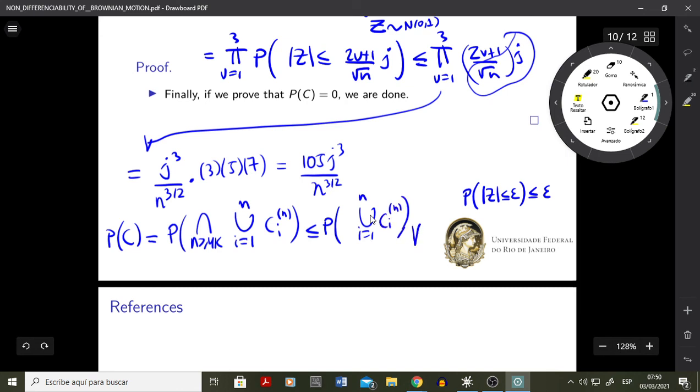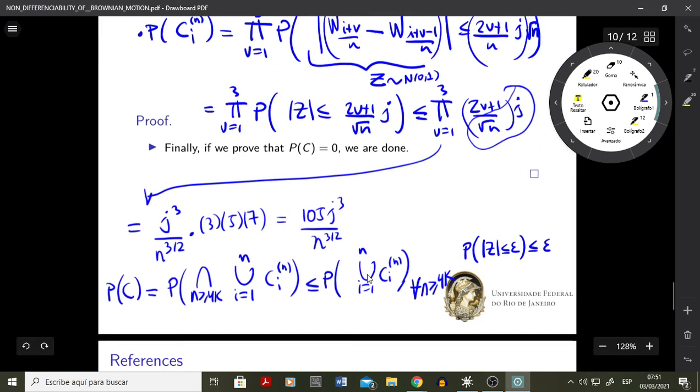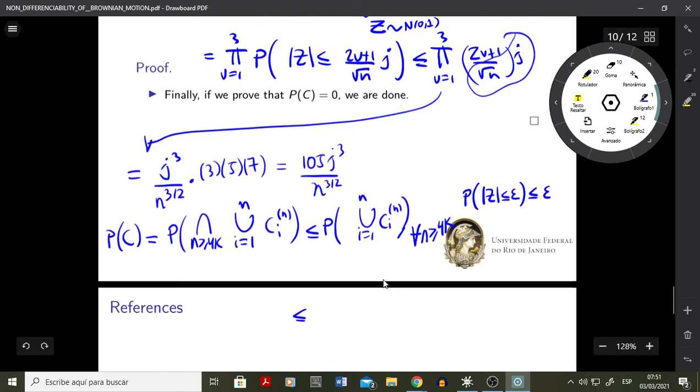But we have a bound for the probability of these events. This is bounded by the probability of C_n,i, and here we have this. This fraction does not depend on i.